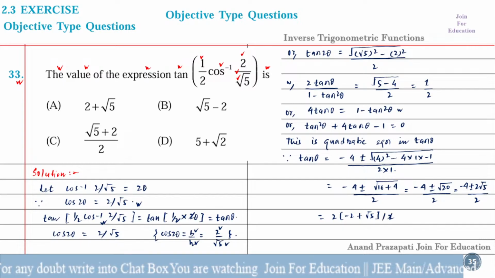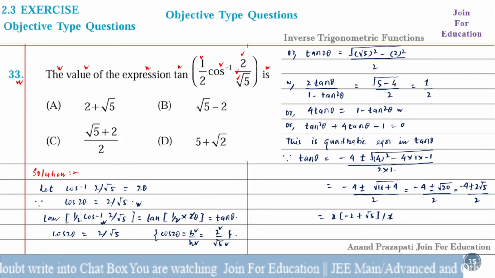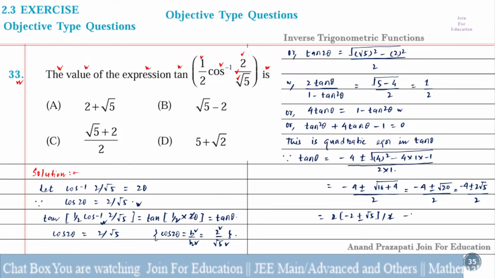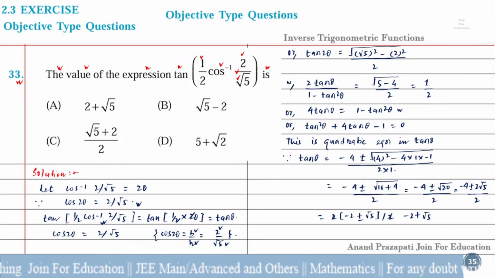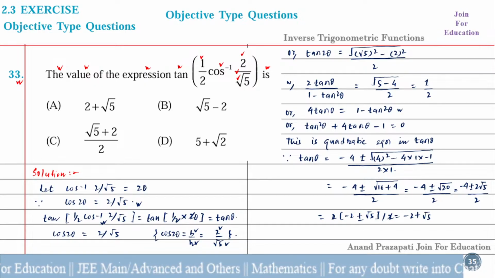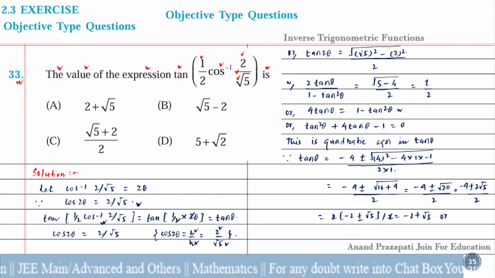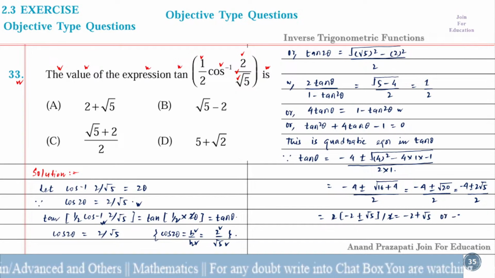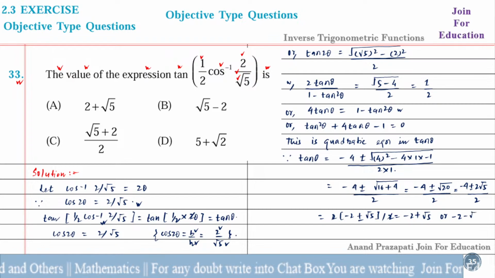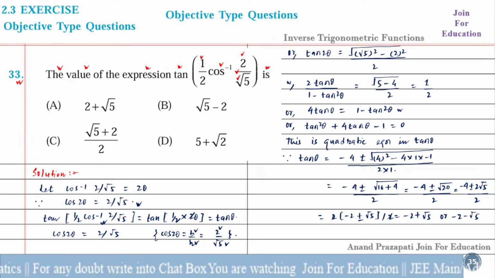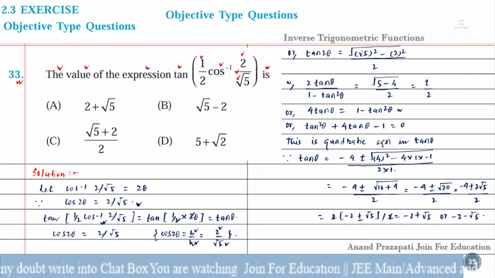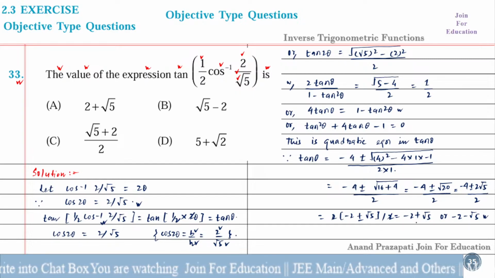This 2 cancelled out. Then we get minus 2 plus root 5 or minus 2 minus root 5. So for tan theta, this one will be rejected and this one will be accepted.